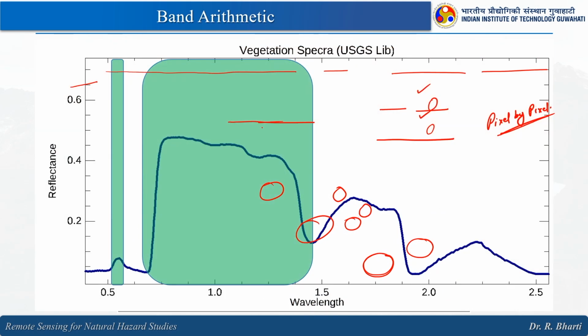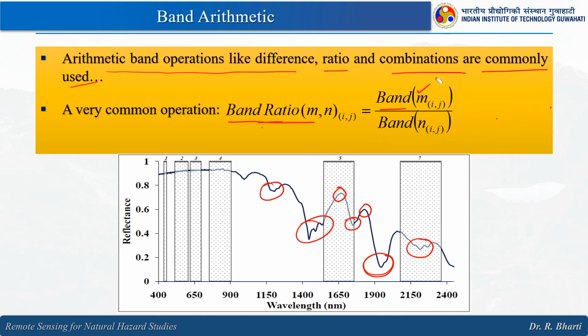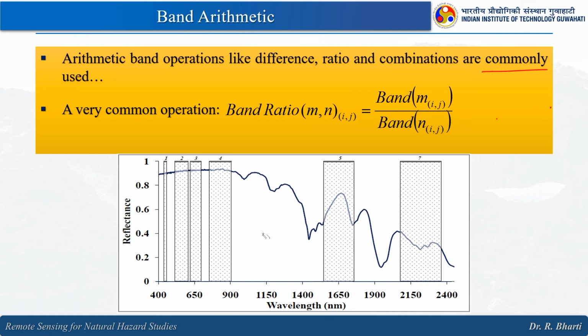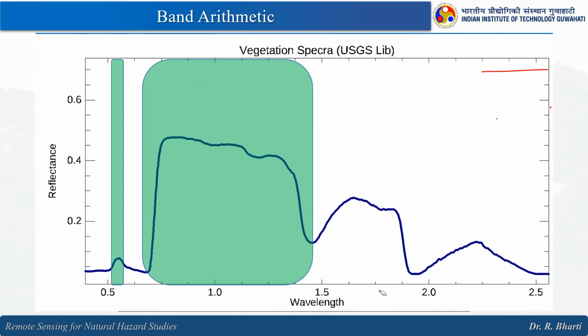Let us see a vegetation spectra, because the absorption features are very characteristic and it will be easy to understand. Here, when we talk about vegetation, one peak is here, another peak is here, and the absorption features are here, here and here. If I have to design, I have to consider this location and this location, and if I do this ratio, what will happen?